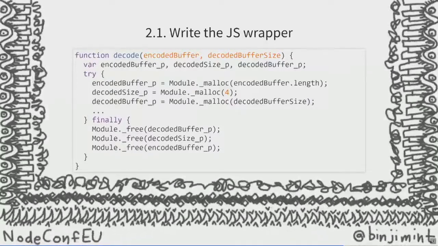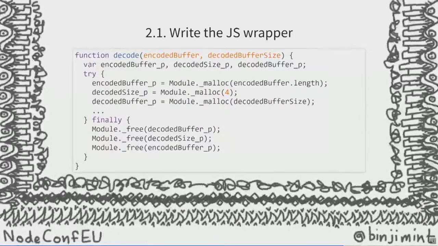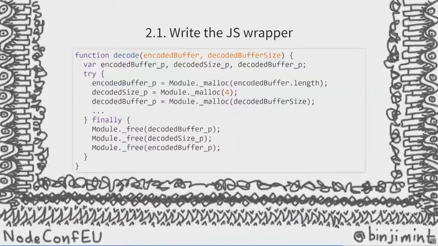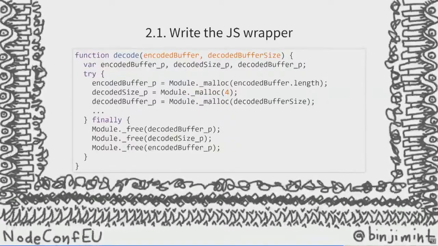So what you can see there is I'm actually doing malloc, and this is the real C malloc. If you write C or C++, you know this is, well, you shouldn't be using malloc in C++, but this is the actual malloc, and this is the actual free. So I'm just allocating the buffers that I need, and then wrapping in a try finally and cleaning it up if anything goes wrong.